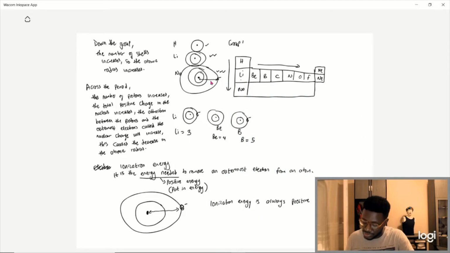So that's what happens. Ionization energy decreases down the group, because down the group, the number of shells increases.